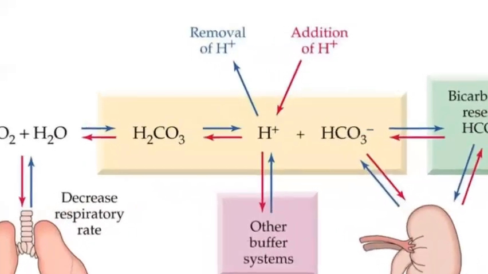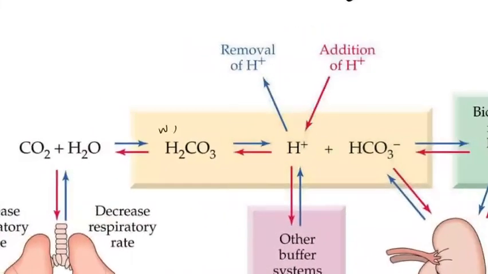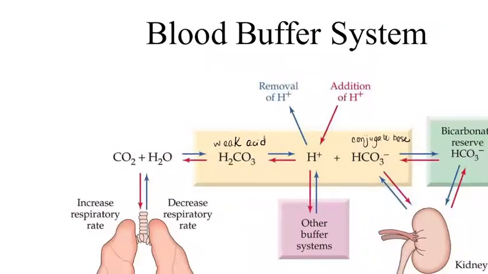This blood buffer system consists of the weak acid, carbonic acid, and then the salt of its conjugate base, as you can see, is going to be HCO3-. We don't see the sodium, potassium, or lithium, but this is going to be the conjugate base of the system. Now, understand that the equilibrium for this buffer system can actually be affected by respiration.